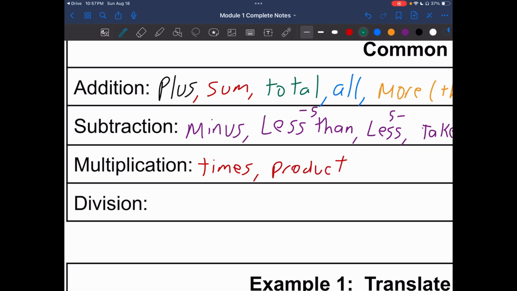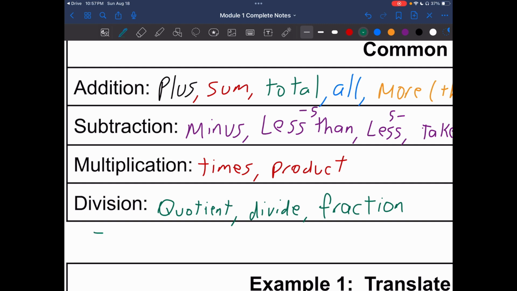On the next line, we have words for division. So we could use quotient. We could use divide. And there might be one that you don't quite realize is applying to division right away, and that is fraction.